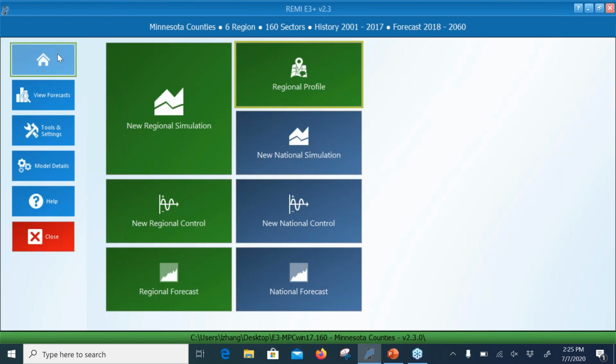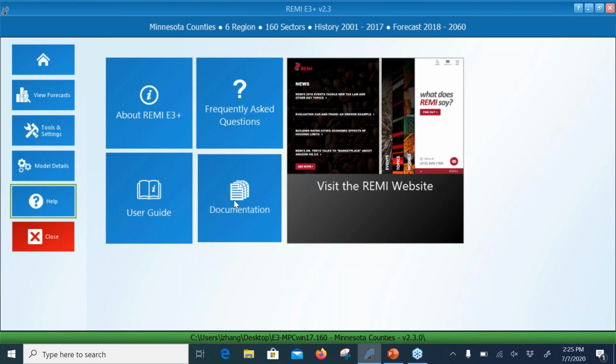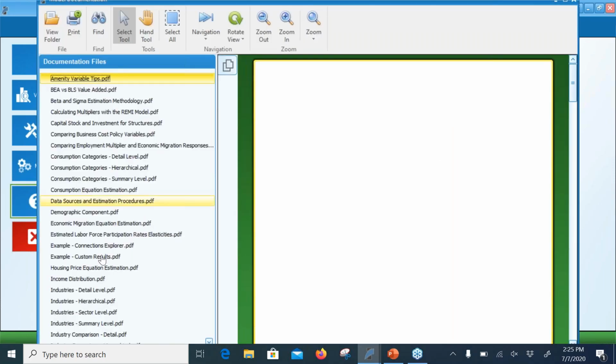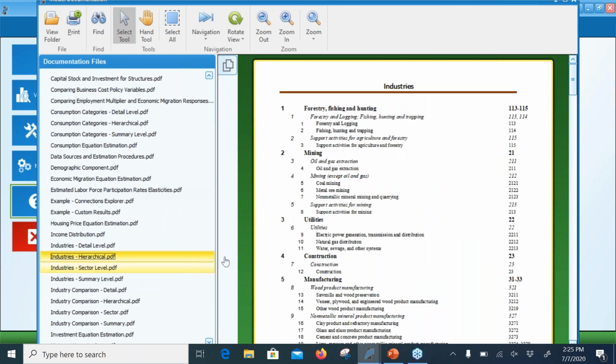So earlier I mentioned that it's typical for E3+ to have 160 sectors. The reason why is because REMI breaks down its industries by NAICS codes. So we have a two-digit NAICS code level, a 3-digit NAICS code level, and a 4-digit NAICS code level.